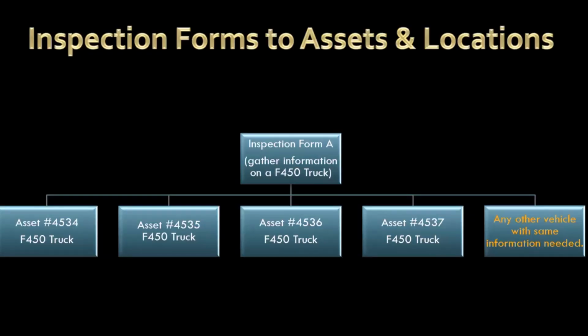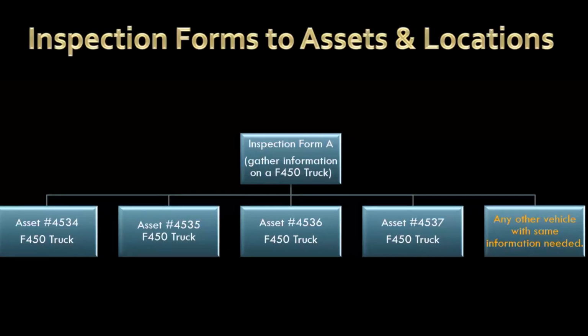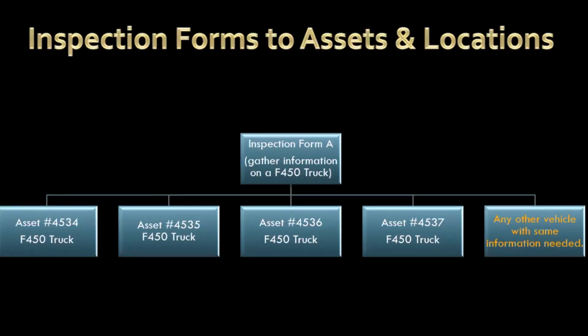What I'm going to show you in the demo is that we don't have to do it one asset at a time. So we may create an inspection form, and you're going to see almost this exact example in my demo. That's an inspection form for all of our vehicles. Well, I might have 30 or 40 vehicles in my fleet. I don't want to do that one at a time.